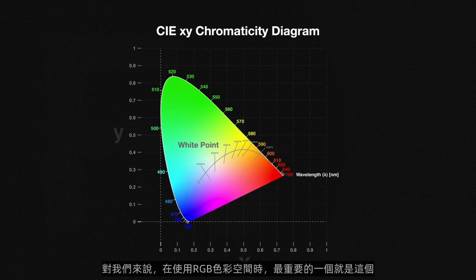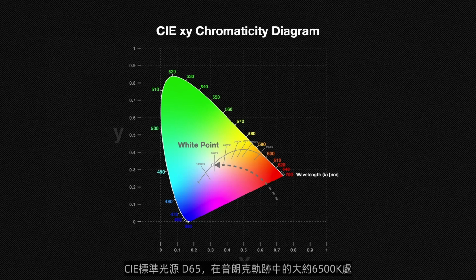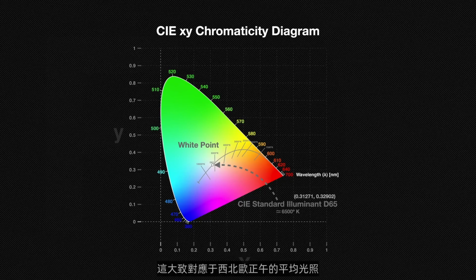One of the most important for us using RGB color spaces is this one, the CIE Standard Illuminant D65, which is found at approximately 6500 degrees Kelvin in the Planckian locus and corresponds roughly to the average midday light in northwestern Europe, comprising both direct sunlight and the light diffused by the clear sky.